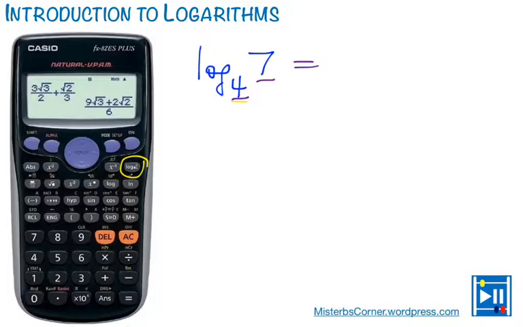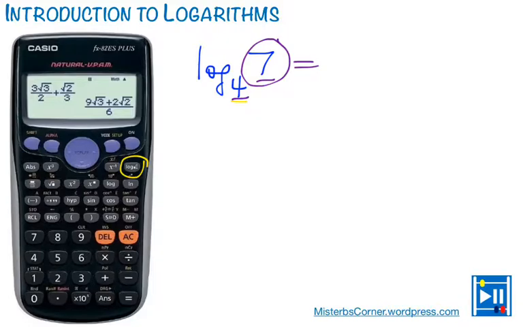It's going to be a decimal number because you can't get 7 by any integer power of 4, right? So hence the question will also give you the required rounding as well. It says 3 decimal places, 3 significant figures, whatever, right?